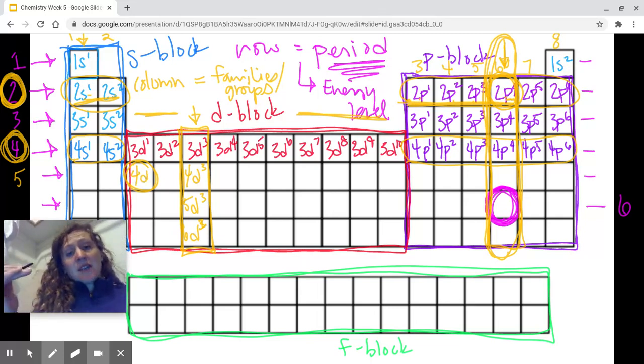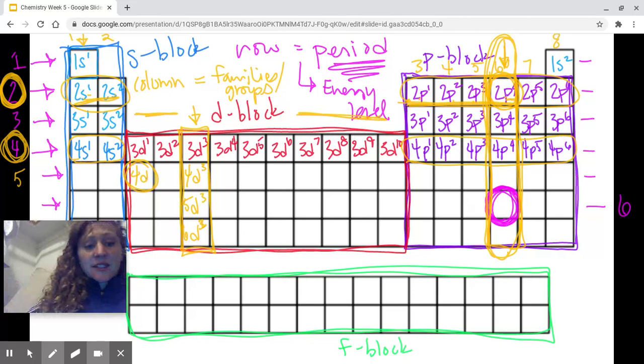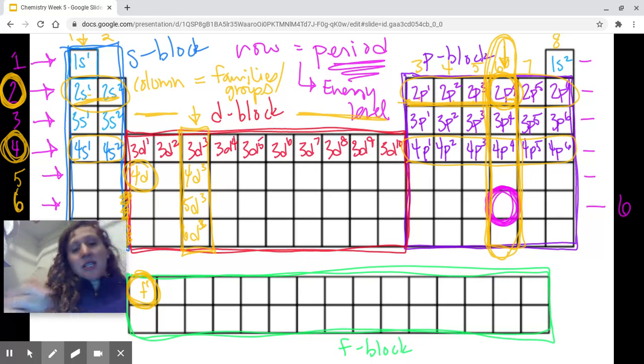So the d's are offset by 1, the f's are offset by 2. So down here, this f, the very first one, we know we're going to have the f shape. We know we're going to have 1 electron in that f shape, but those f's should go right here. And so this is going to start on the 6th energy level, or the 6th period, but the f's are offset by 2. So this isn't going to be 6f.